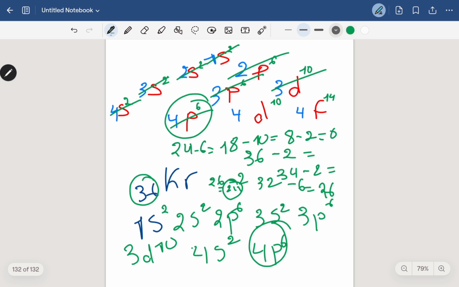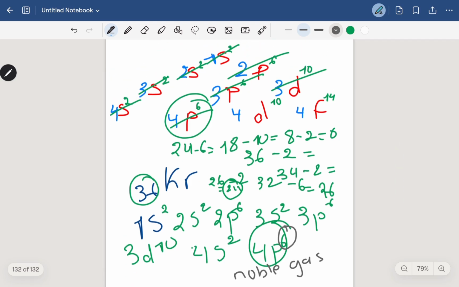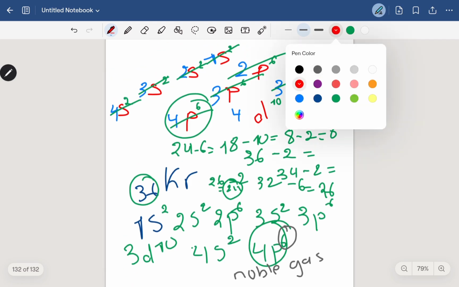One thing I can tell you about the SPDF way is that P holds 6 electrons. So if you end up with P and it has 6 electrons, then definitely it is a noble gas. Because the noble gases hold in their last shell, which is their valence shell, 8 valence electrons.